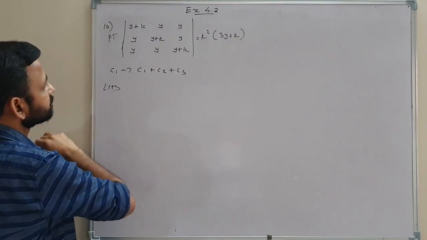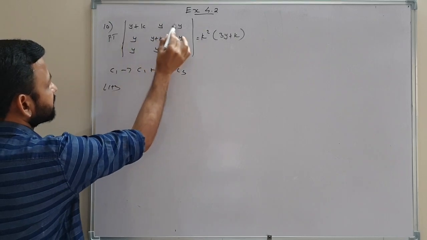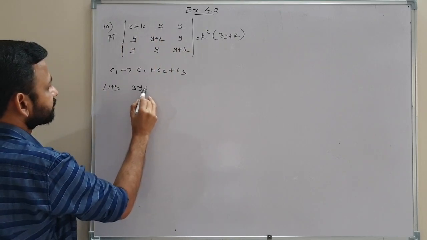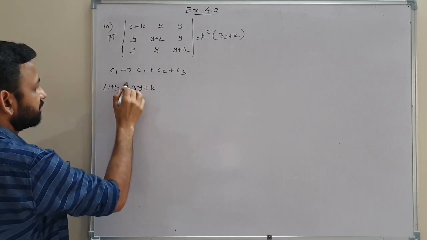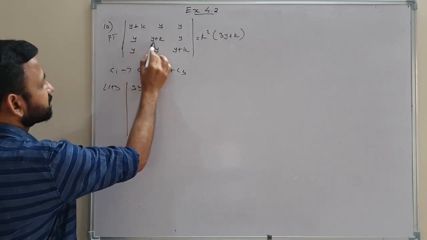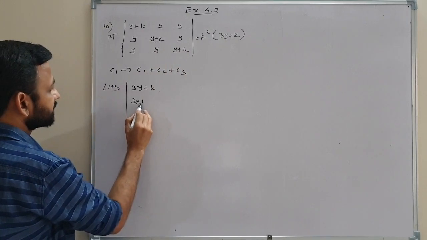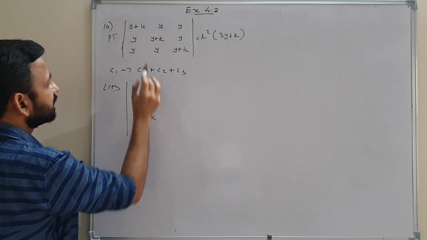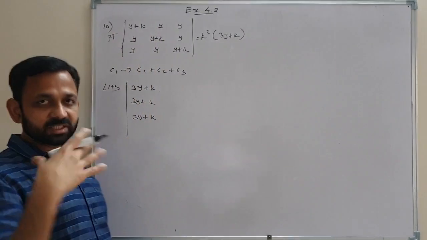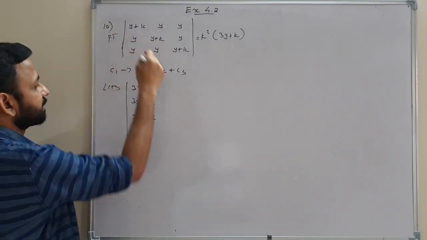LHS. Y plus k plus y plus y, 3y plus k. Common, sorry, that is the first element, 3y plus k. Then here y plus y plus y plus k, 3y plus k. Y plus y plus y plus k, 3y plus k. Then c2, c3 same, because we changed only c1.